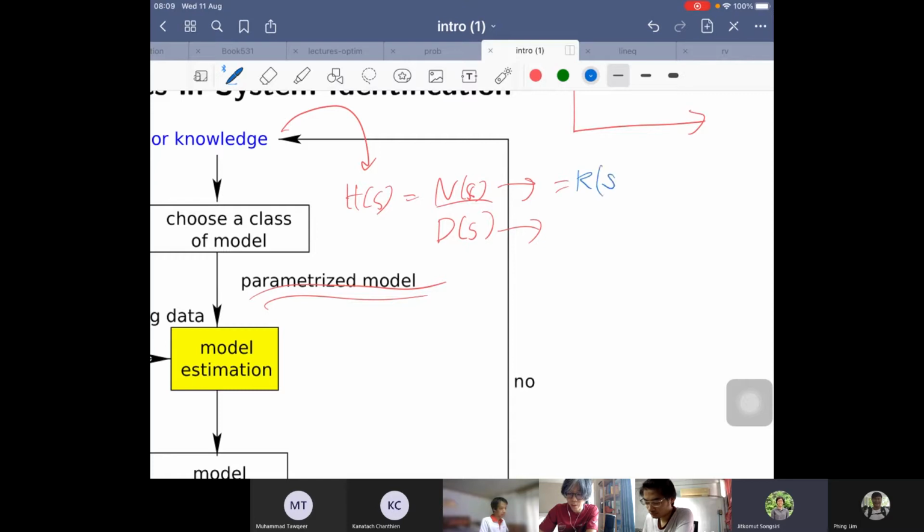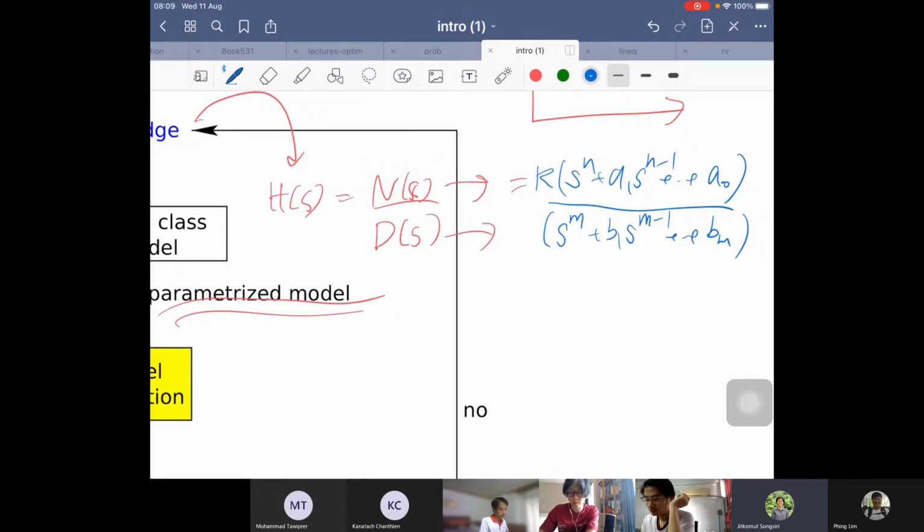k times s to the n plus a1 s to the n minus 1, dot dot dot, a0, and in the denominator, the polynomial s to the m plus b1 s to the m minus 1, dot dot dot, bm. This is a procedure called parameterization.